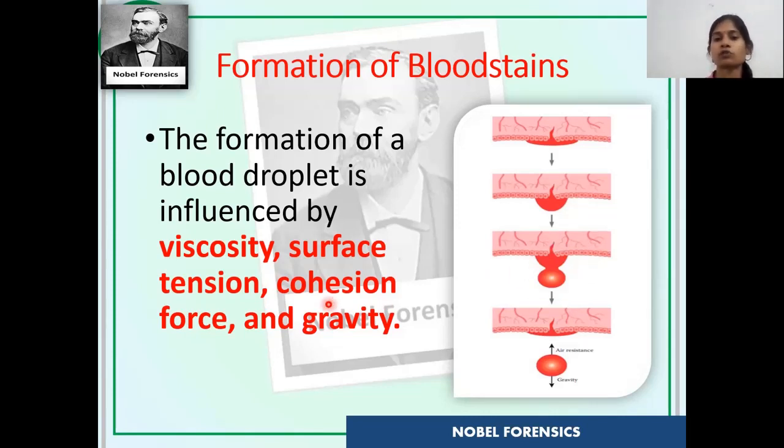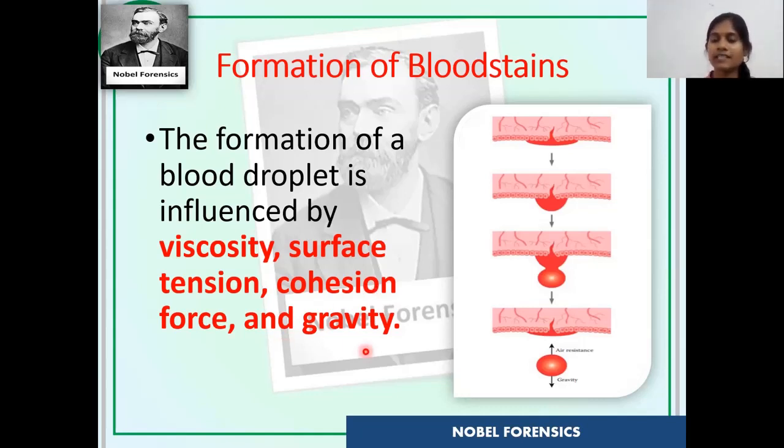Then cohesion force. One blood drop is actually a combination of smaller sized blood drops. There are many smaller sized blood drops in one blood drop. The force in between the smaller sized blood drops is the cohesion force. That cohesion force also influences the making of this blood droplet.